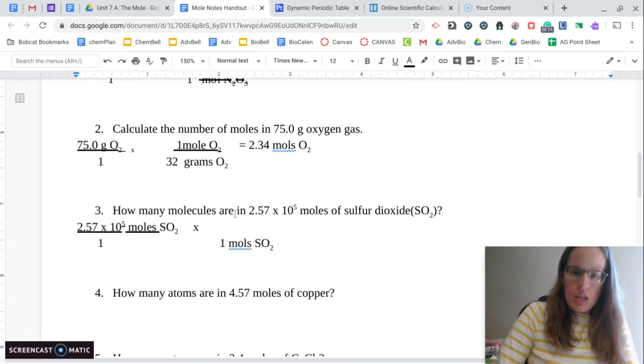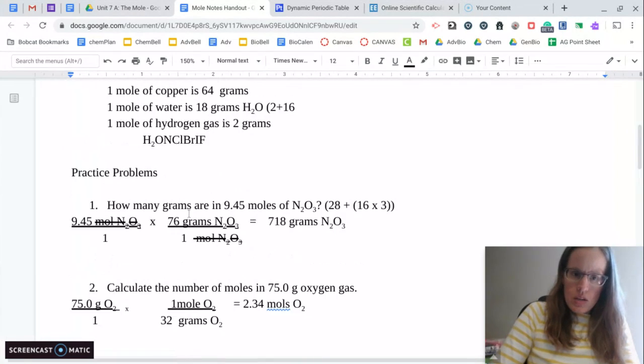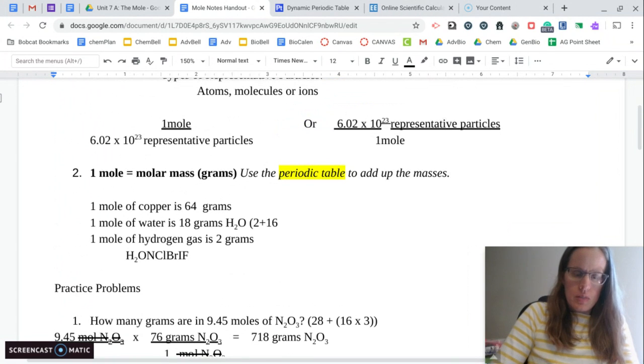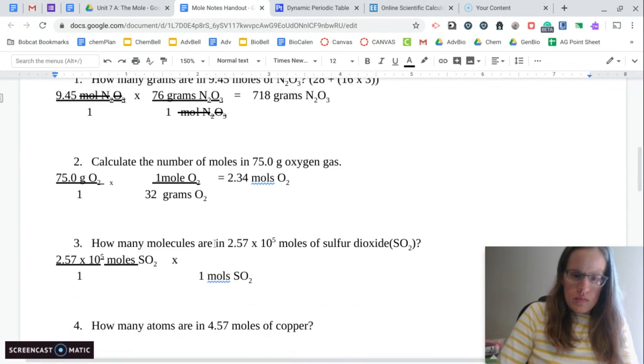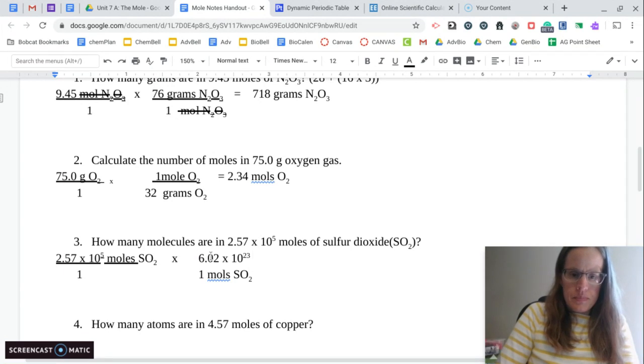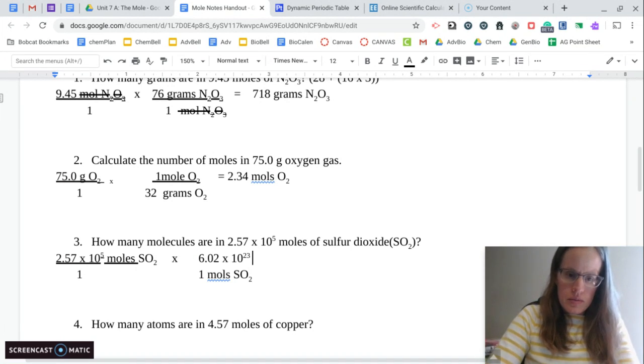But this one, we're going to molecules. So that means I use this big number up here, Avogadro's number, 6.02 times 10 to the 23rd. And the particles are molecules.